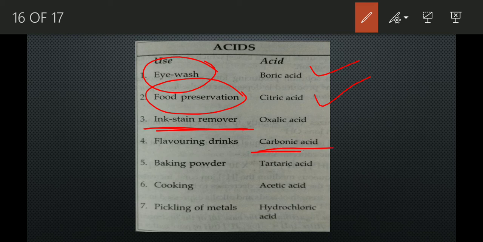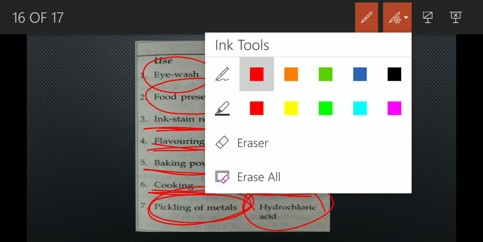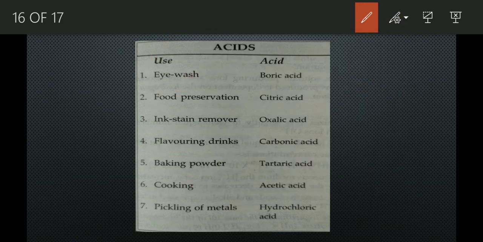Carbonic acid, which is present in cold drinks, is used for flavoring the drinks. Tartaric acid, present in grapes, is also present in baking powder. Acetic acid, present in vinegar, is used for cooking, and hydrochloric acid is used for pickling of metals. This is the list of acids and these are the uses of those acids.